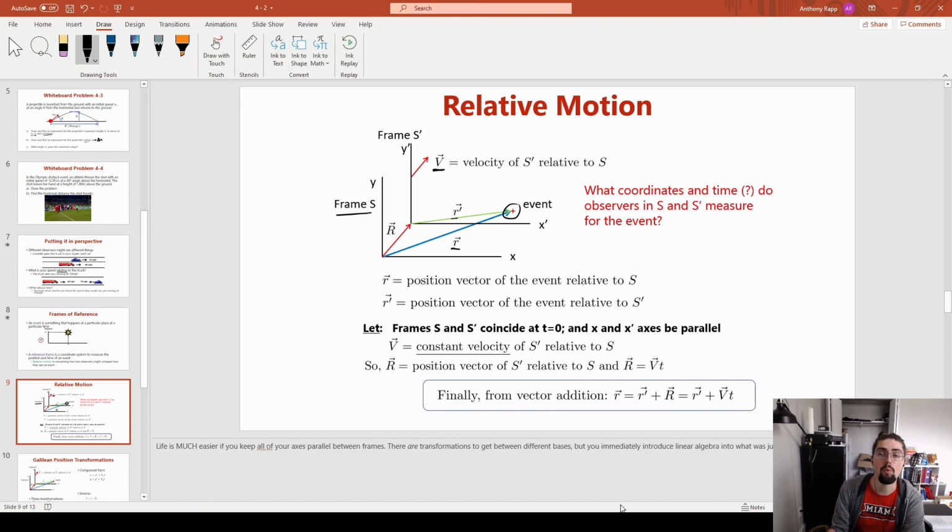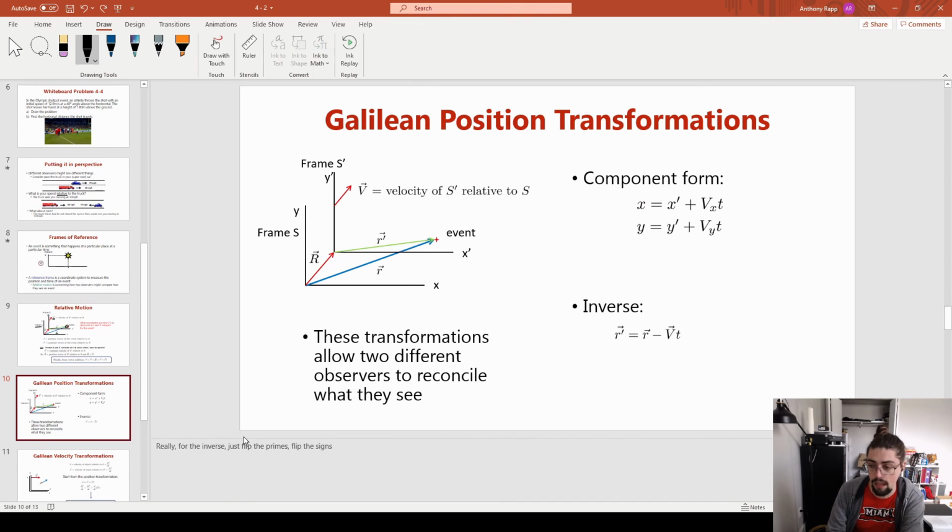Everything to do with the prime frame, S prime, has a prime attached to it. R prime, as we will see later, has other things that go with it as well. But this equation down here tells us how to relate those two together. I didn't do a very good job of boxing that in, but that's the transformation to go back and forth between the two. We can do the exact same thing with velocity.